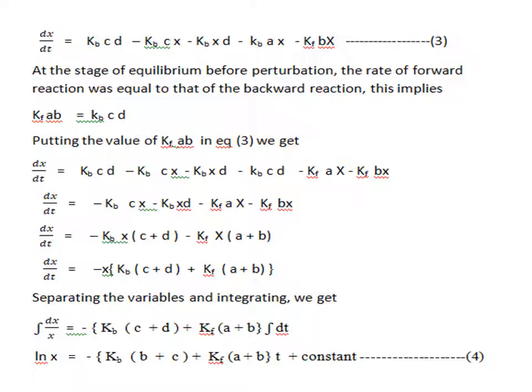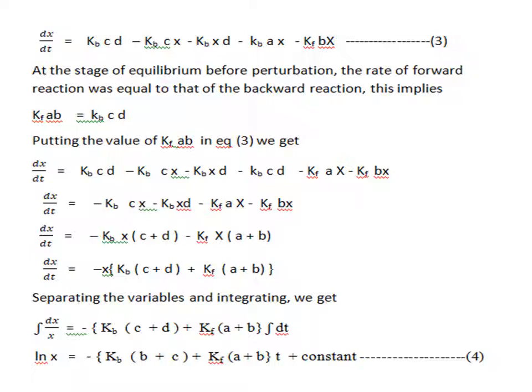Thus, Kb CD plus and Kb CD minus cancel each other. The equation will become dx over dt equal to minus Kb Cx minus Kb xD minus Kf Ax minus Kf Bx.